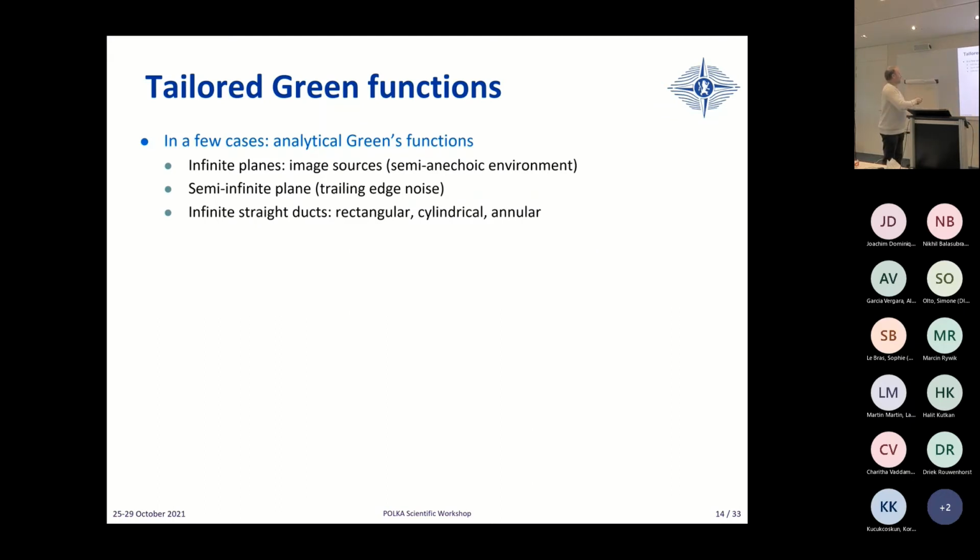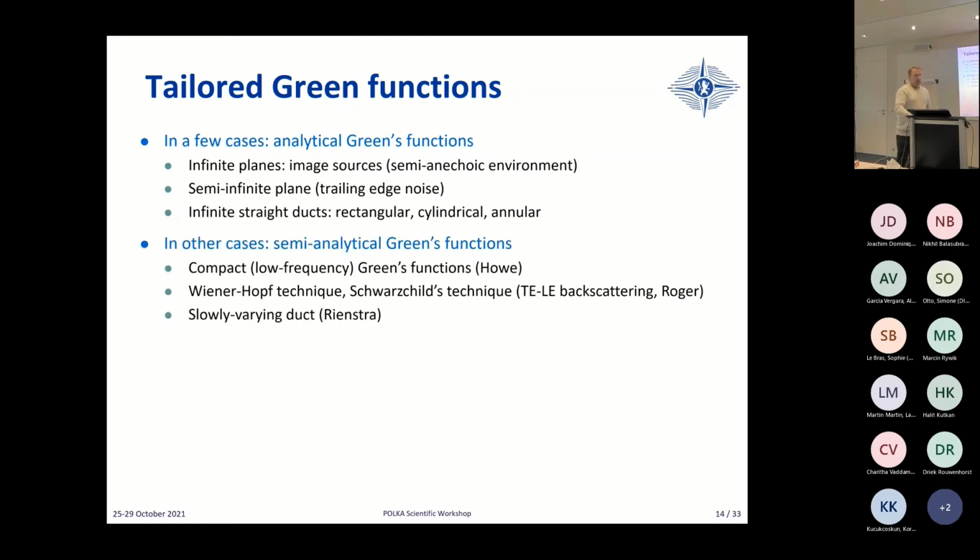If you have infinite straight ducts, like something that is rectangular but keeping its shape and dimension along the axis of propagation, so rectangular, cylindrical, annular, we will see this, then you also have analytical Green's functions. In other cases, the geometry might be a little bit more complicated, but still easy enough to allow what we call semi-analytical Green's functions.